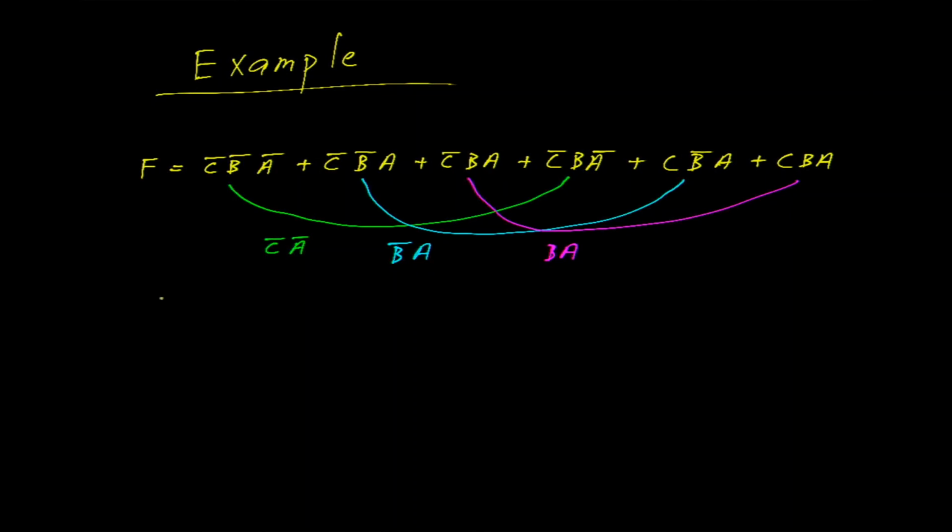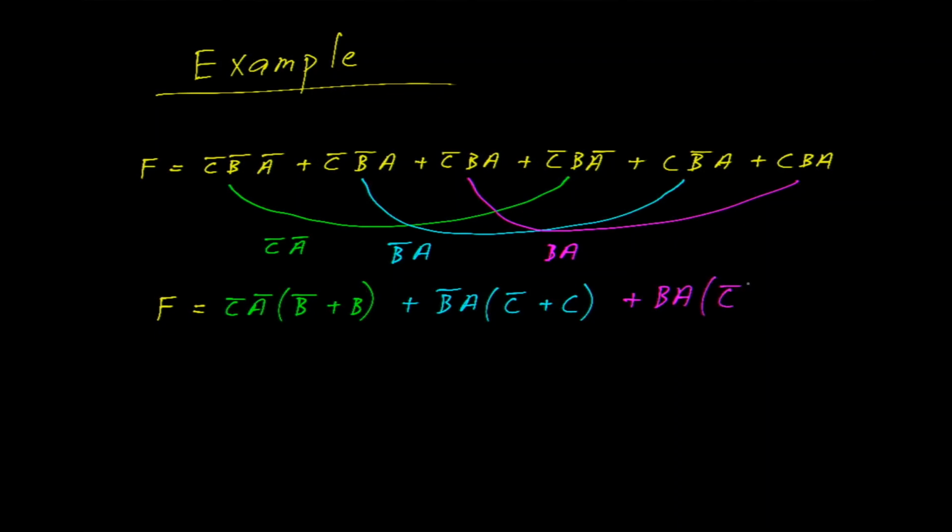If we rewrite this, f is equal to C'A'(B' or B), or B'A(C' or C), or BA(C' or C).